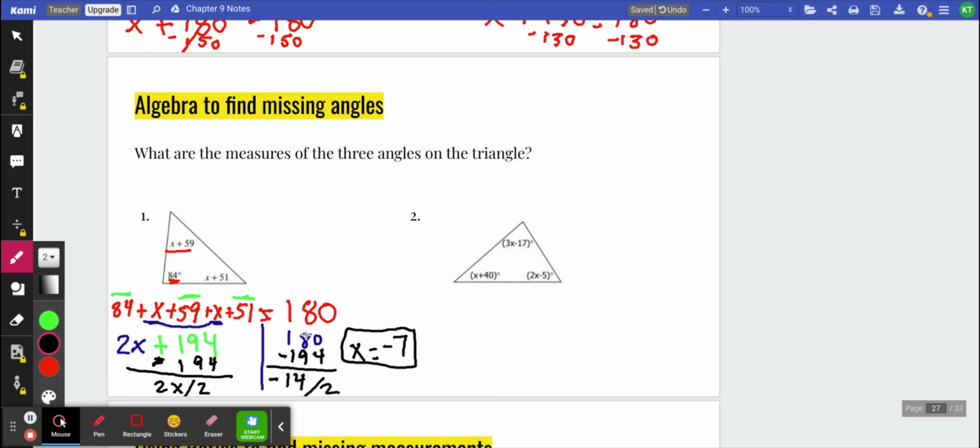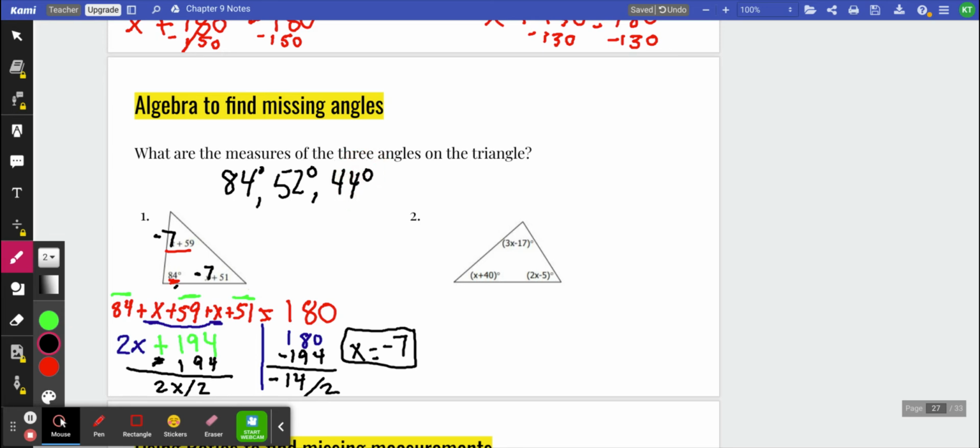So I want to find what the three angle measures are. So I already know 84, because it tells me that's 84 degrees. This one says it's x plus 59, so I have to do negative 7 plus 59, and I should get 52 degrees. And then if I plug in a negative 7 right here, I should get 44 degrees.